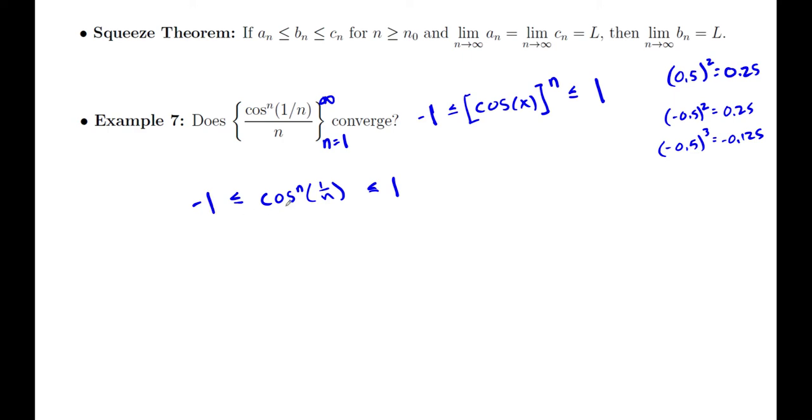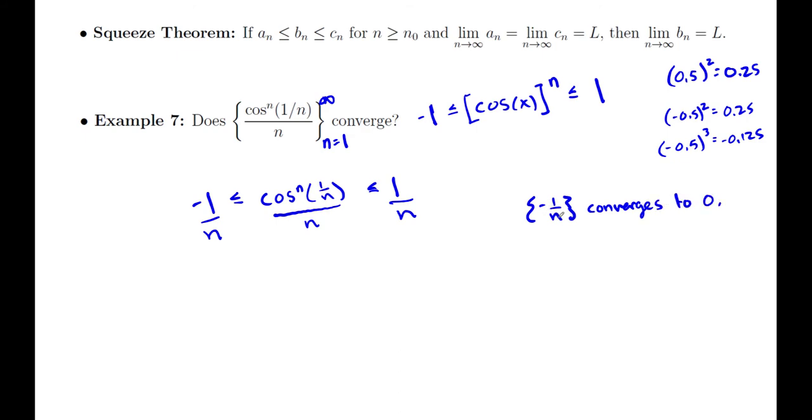All right. So when I am thinking about that divided by n, then of course this always has to be between -1 over n and 1 over n. All right, so now let's think about this. What we've just done is we have squeezed this sequence between two simpler looking sequences, okay? But let's think about -1 over n. We know that it converges to 0, right?